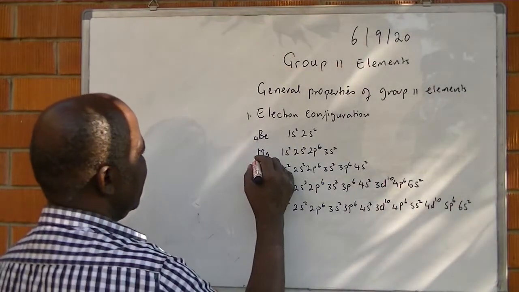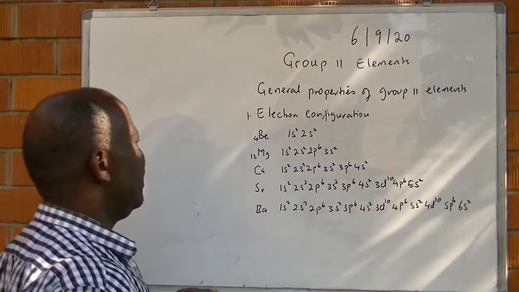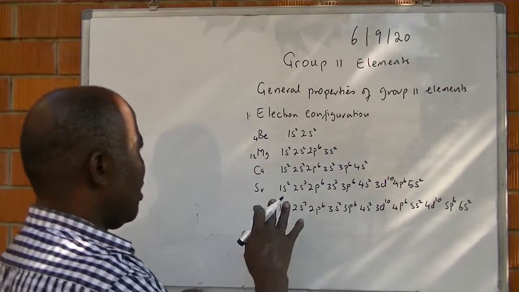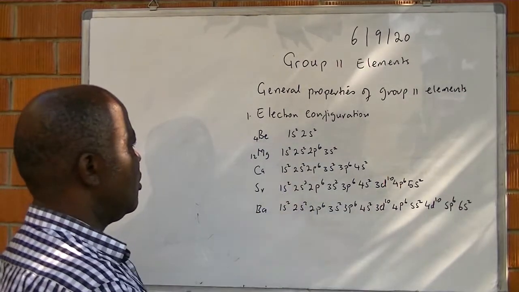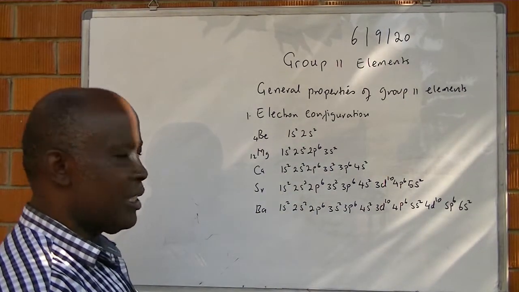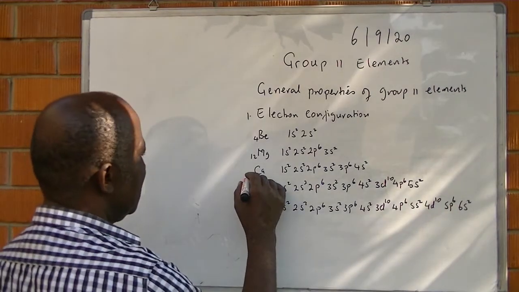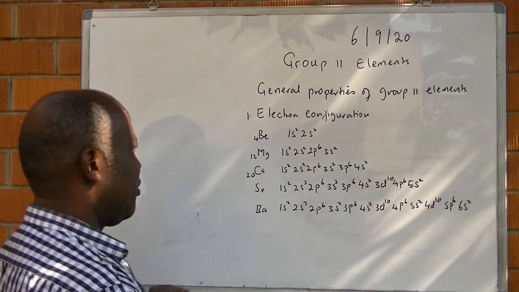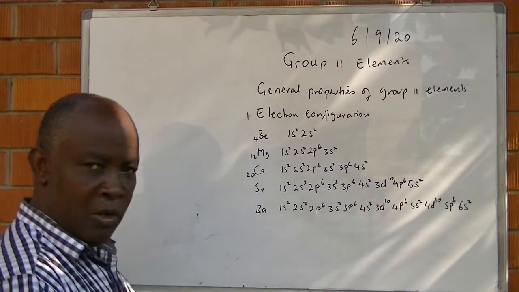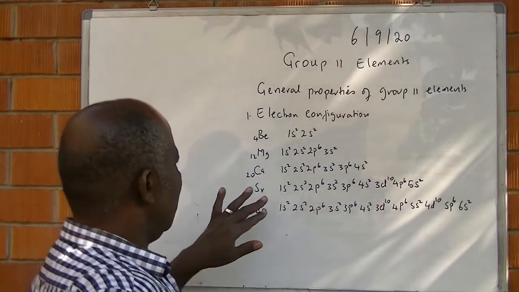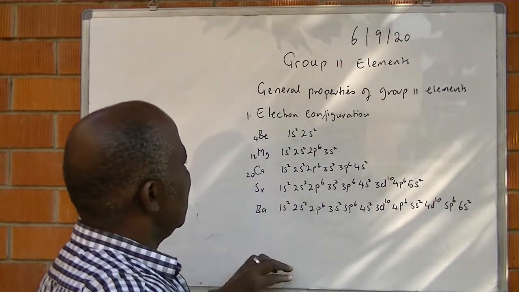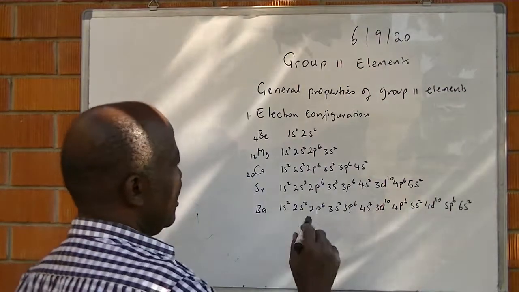Magnesium has got 12 electrons, that is 1s2, 2s2, 2p6, 3s2.